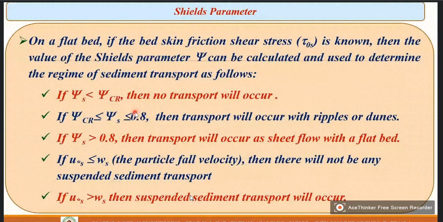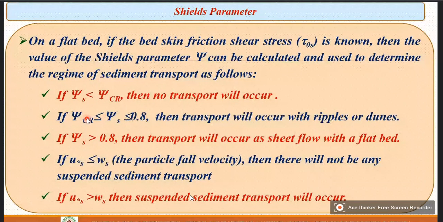Okay. So psi s, that is the Shields parameter as calculated using the existing value of bed shear stress, if it is less than the critical value, then no transport will occur.